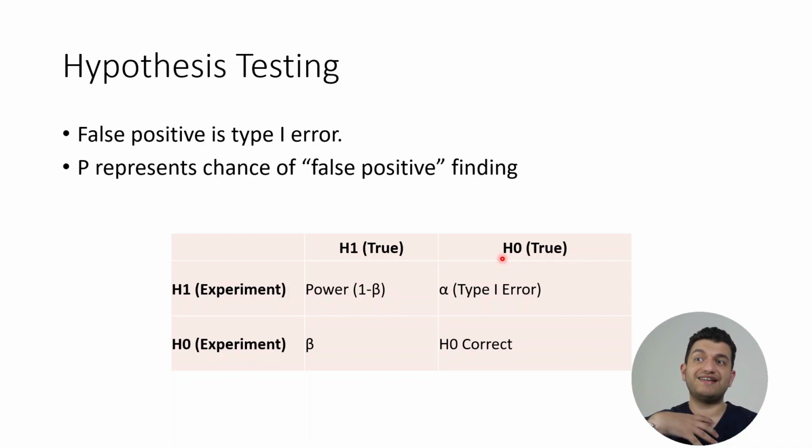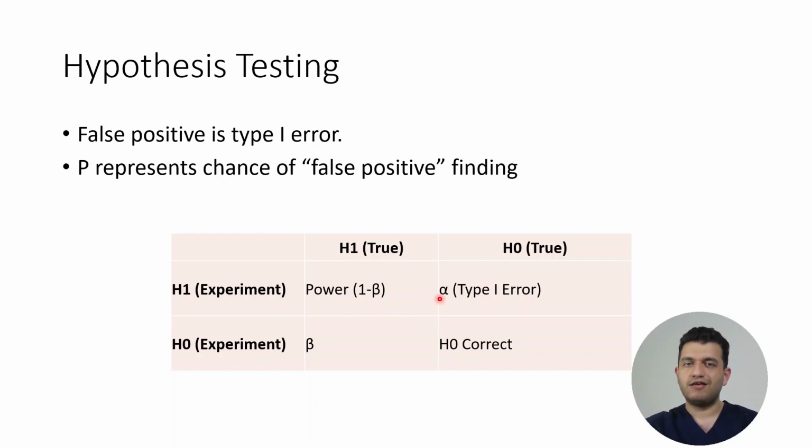So now you are claiming, and you found in your sample, that this alternative hypothesis is true. However, based on accumulative evidence, it's not. So you said it's true, it's not. You are a type 1 error, false positive, and that's represented by alpha, which I will talk about in a bit.